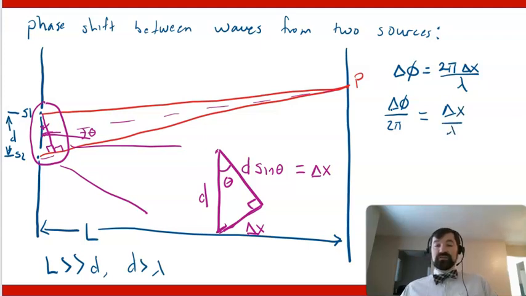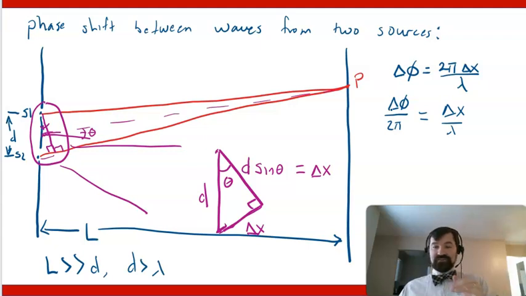And what we need is for this to equal even numbered values of pi in order to get a bright fringe, and odd numbered in order to get a dark one. So when delta phi over 2 pi has an integer value like 1, 2, 3, etc., that gives us a bright spot.